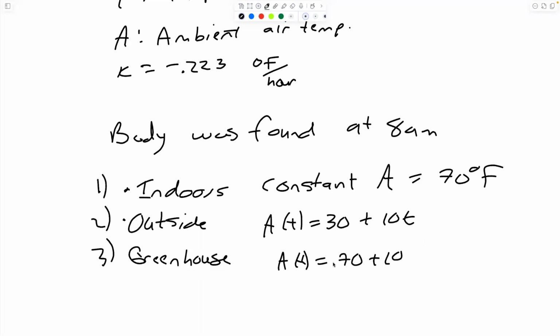You know, it oscillates around 70, goes up to 80 and down to 60. And let's see, we want cosine of omega t. Let's say our period is every hour. So this should be 2 pi over 24 t. So pi over 12 right there.